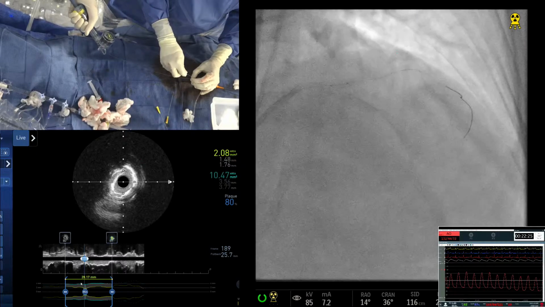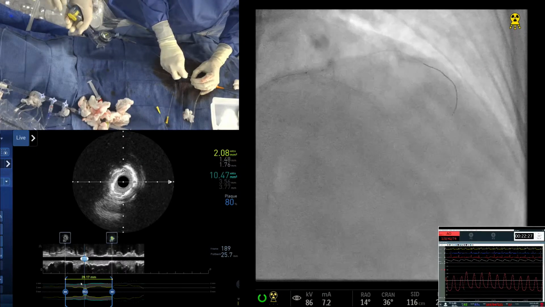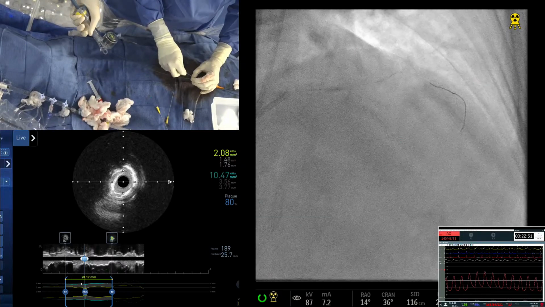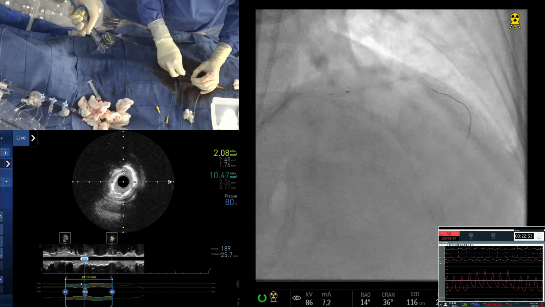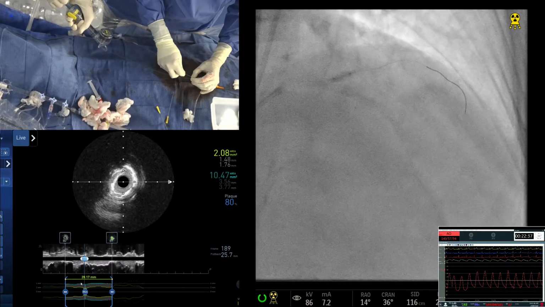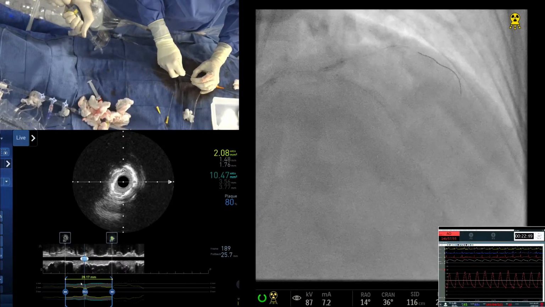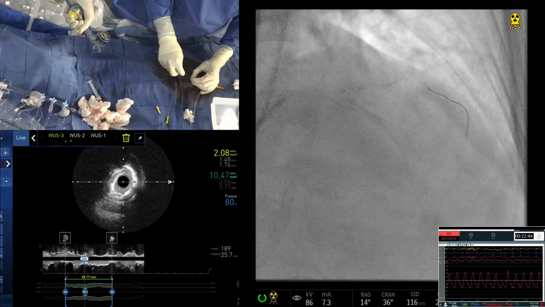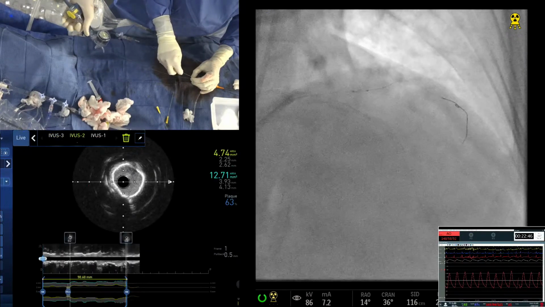We are going to 16, 18. Go up here, 16, 18. Okay, good. Down. Open the stents. Good. Go up here. Now that we are going to stent, we can go aggressive. Down. Okay, go up.